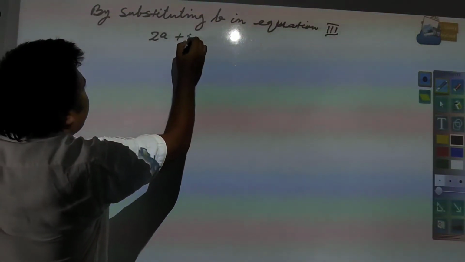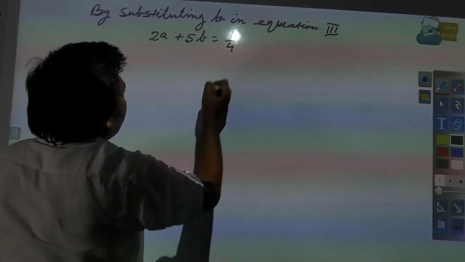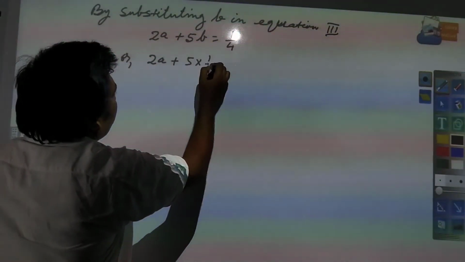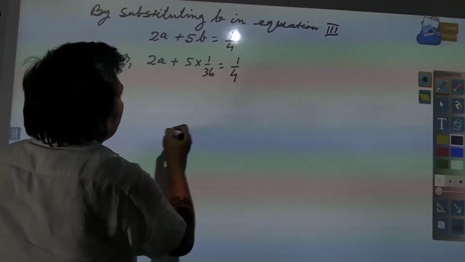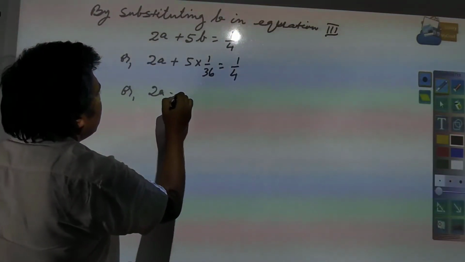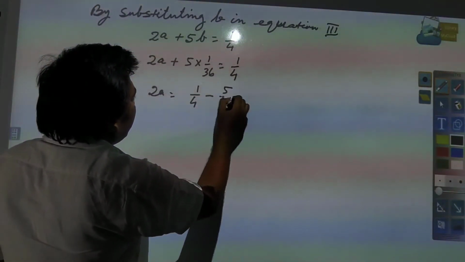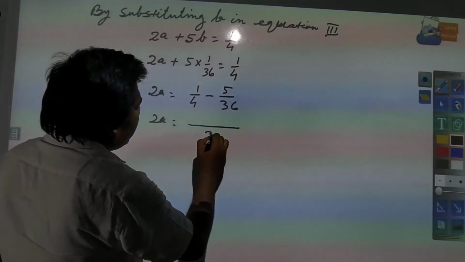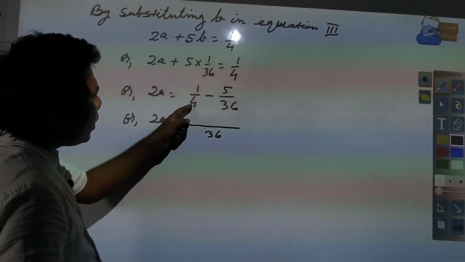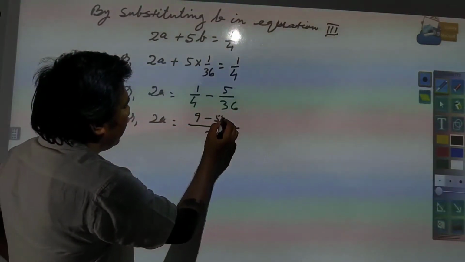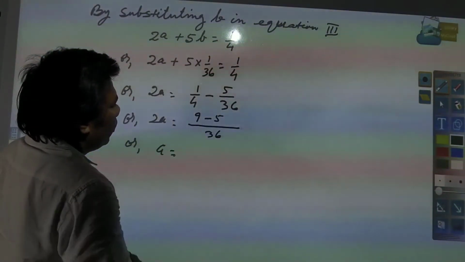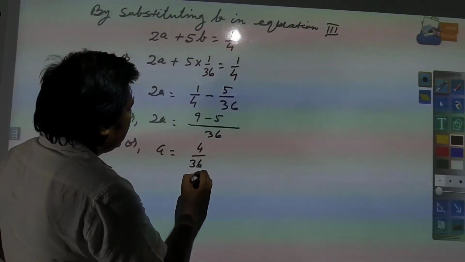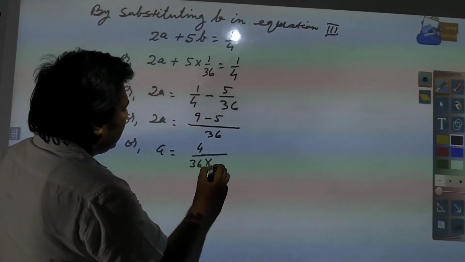2a plus 5b is equal to 1 by 4. So here you will have 2a plus 5 into 1 by 36 is equal to 1 by 4, or 2a is equal to 1 by 4 minus 5 by 36, or 2a is equal to, this will be 36, and 4 9s are 36, 9 minus 5, or a will be equal to, here you will get 9 minus 5 is equal to 4 by 36 and divided by 2.